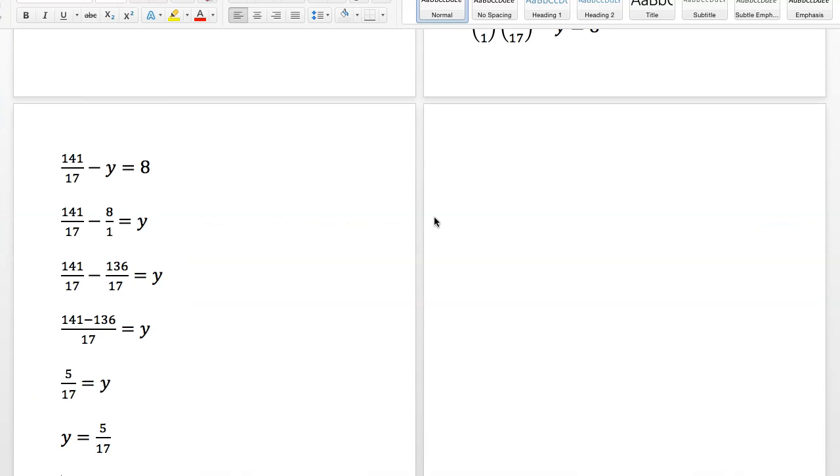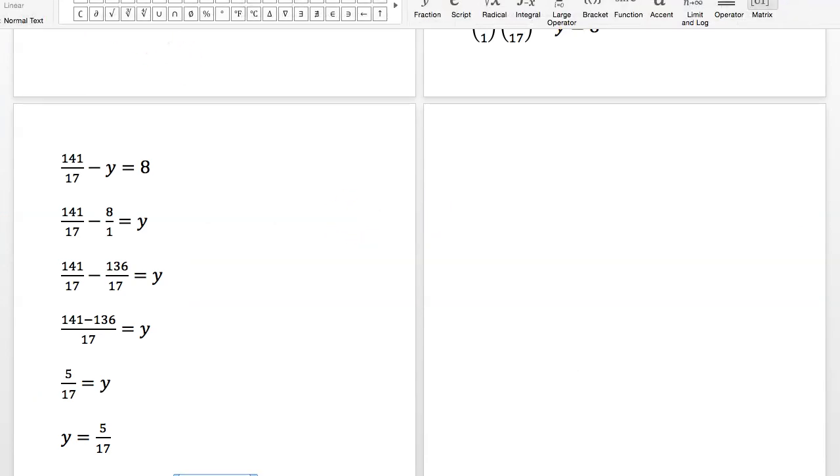Now, I need to give you the ordered pair. Remember, guys, x always comes first, even if it wasn't the thing that you found first. In this case, it was, but that won't always be true.